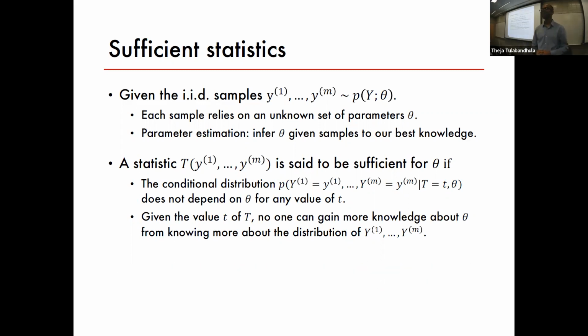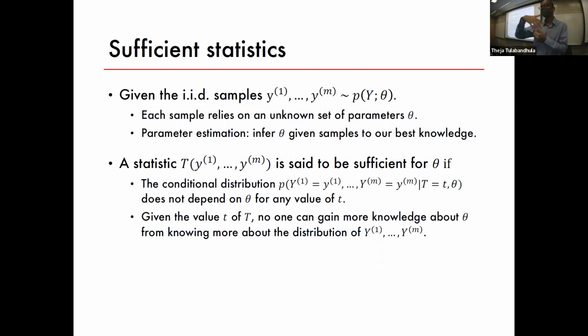So statistics are any functions of data, of observations, realizations. We are defining which of these statistics can be called sufficient. Sufficient is like an adjective: these are statistics which are sufficient, and these are statistics which are just arbitrary. Sufficient statistics are those such that you cannot get more information about the underlying parameter once you have the statistic.